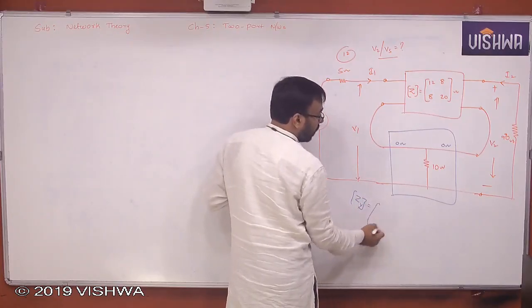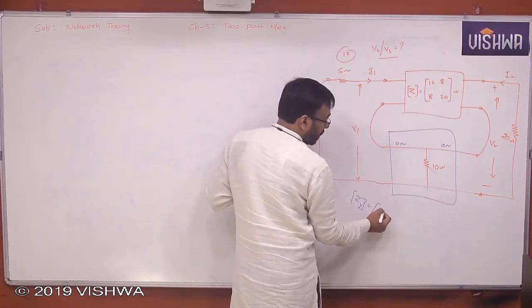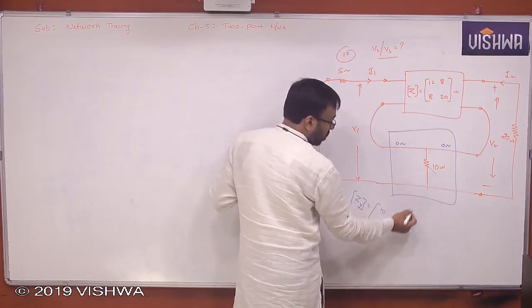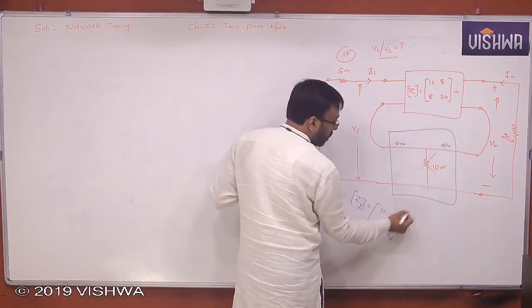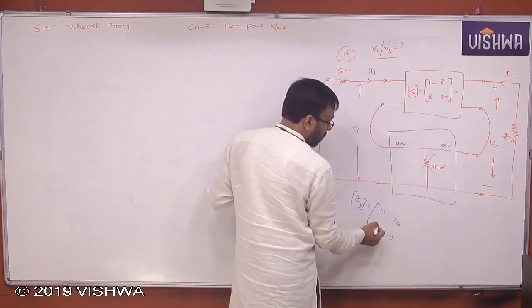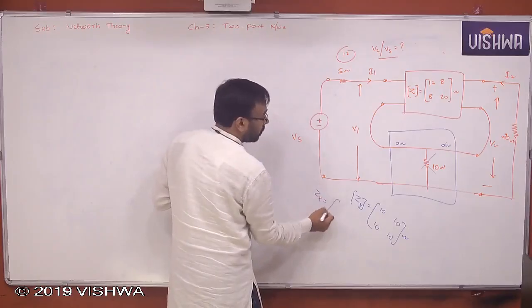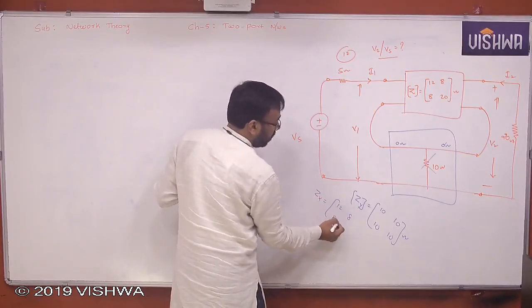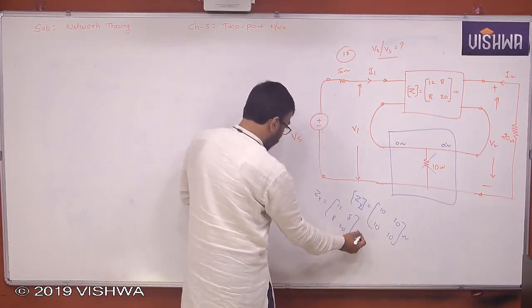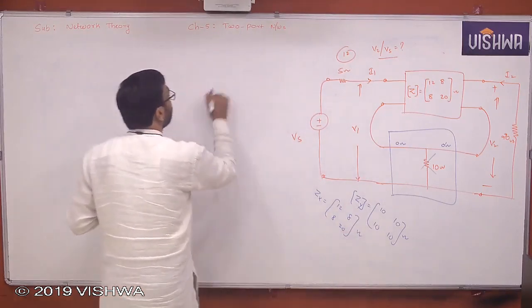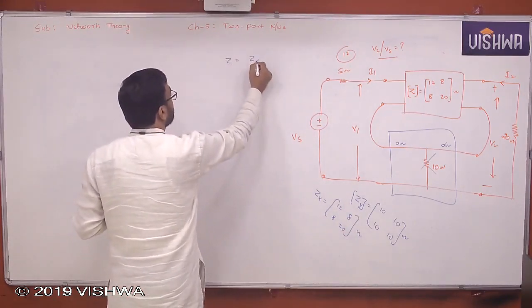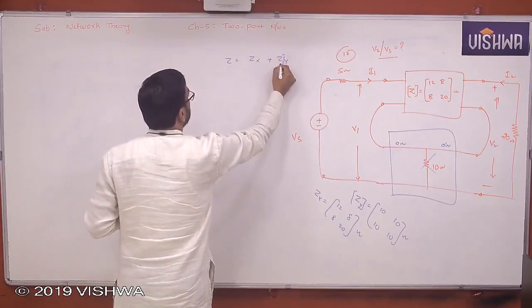What is Zy? 0 plus 10, that is 10, and 0 plus 10, again 10, 10, 10, and 10. What is Zx, already given? 12, 8, 8, 20 is already given. So what is the overall Z matrix? Tell me. Overall Z matrix is Zx plus Zy.